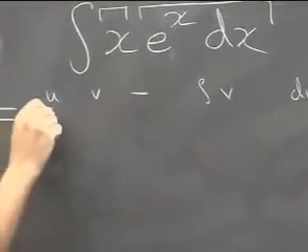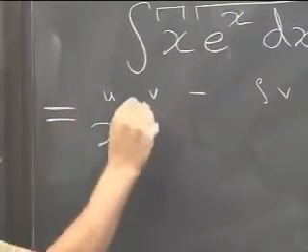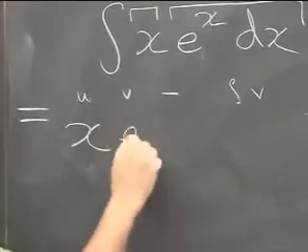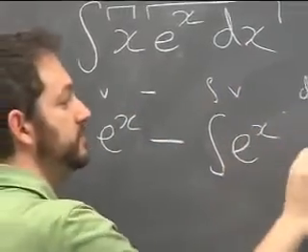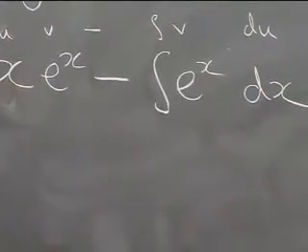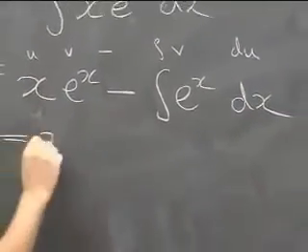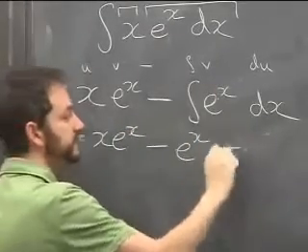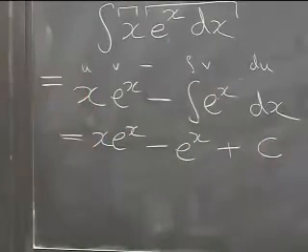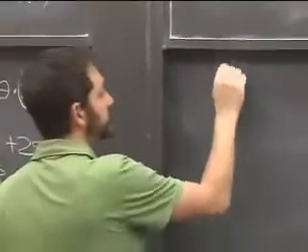That's my working on top. u is x, v is e to the x as well. Integral of v du. du is dx. So this is a very simple example. You get x e to the x minus the integral of e to the x, which is e to the x plus c.